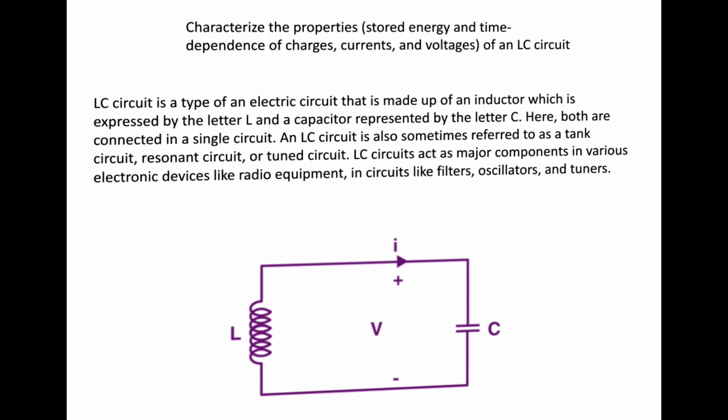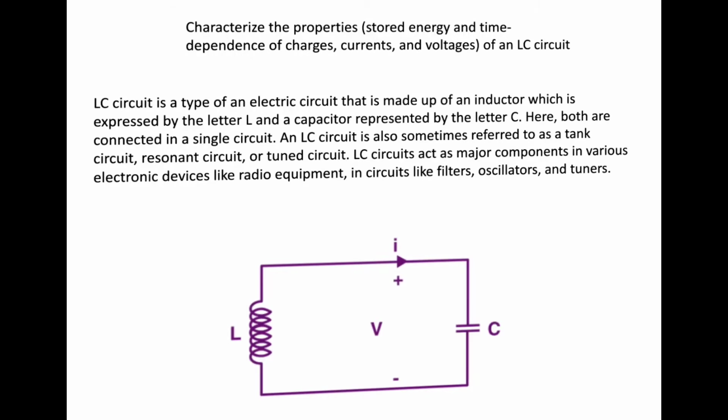Now let's characterize the properties that store energy, and the time, currents, and voltages of an LC circuit. An LC circuit is a type of electric circuit that is made up of an inductor, expressed by the letter L, and a capacitor, represented by the letter C. Both are connected in a single circuit.